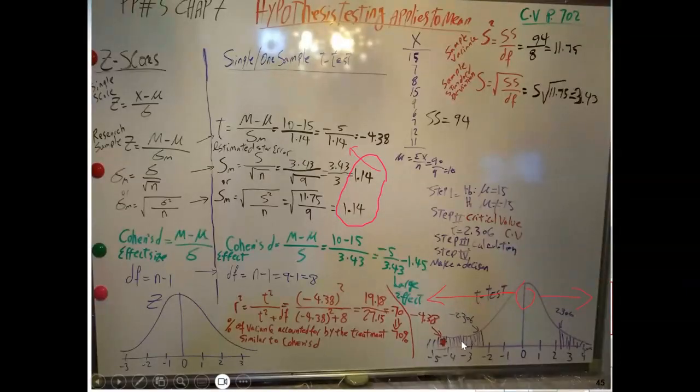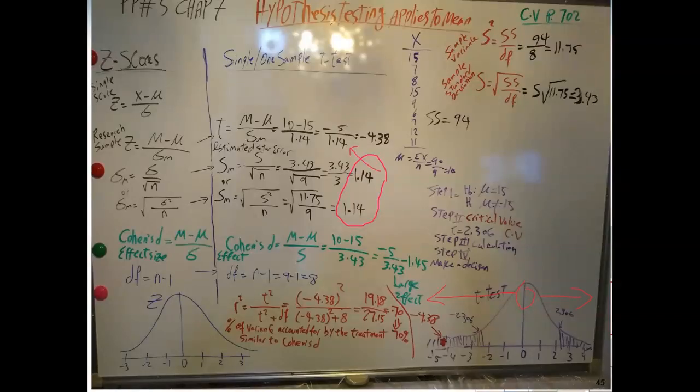So negative 4.38 is right there, the red dot on the bottom right side of the screen, which is deep in the rejection zone. And what is our decision? Reject the null.